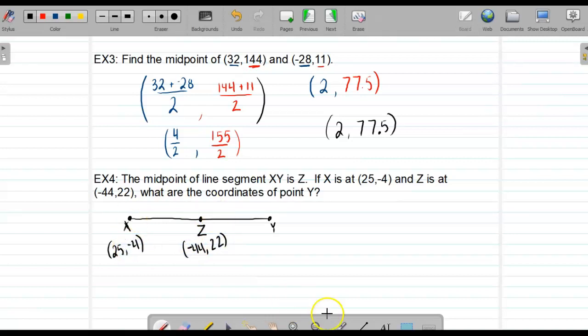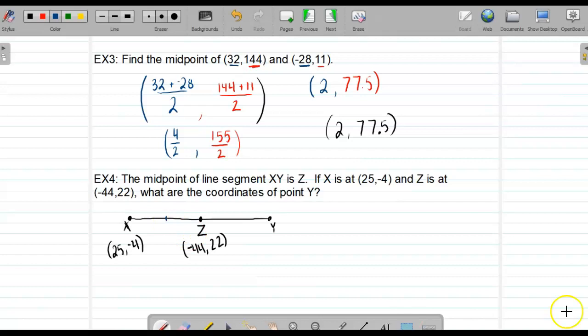Okay? And so the biggest mistake students make on this is they find the midpoint. But if I use the midpoint formula for these 2 points, I haven't found Y. I've found this point right here halfway between X and Z, and that is not what they asked me for.